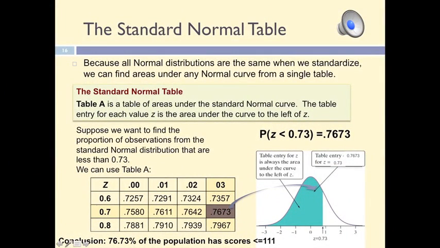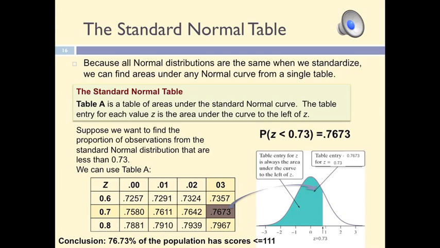For every z-score, areas on the left side of the curve have already been computed for us, and they're listed in a probability table. In your textbook, they're listed in Table A at the end of the book. This table lists the first two digits of the z-score on the vertical or on different rows, and the last digit, which is the second decimal of the score, on the horizontal or on different columns.